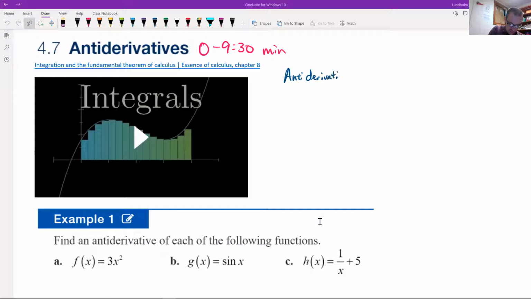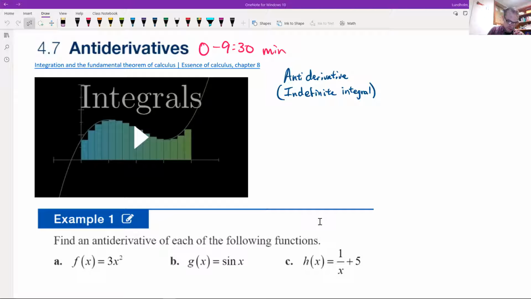Antiderivative, or we could call it an indefinite integral. Those are really synonyms.